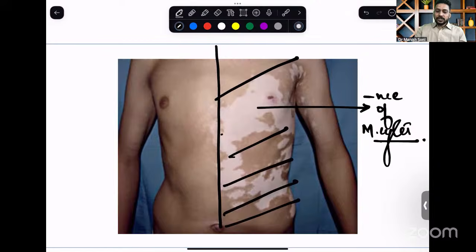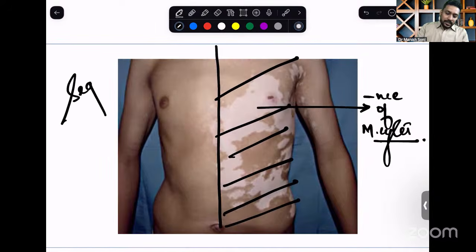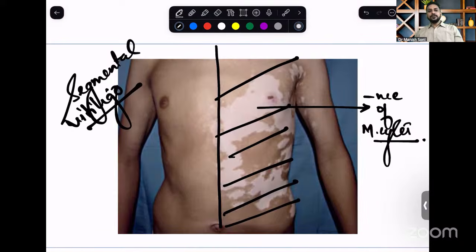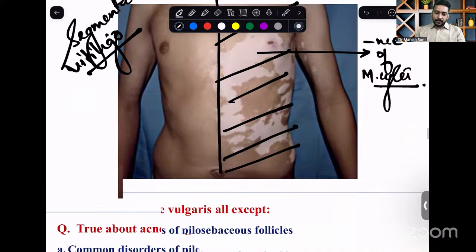So this is the characteristic segmental variant of vitiligo, though the most common variant is vitiligo vulgaris, where bilaterally symmetrical lesions are seen, like over both elbows, both knees, both shins. The lesions are similar, that is depigmented white in color, as shown in this image.